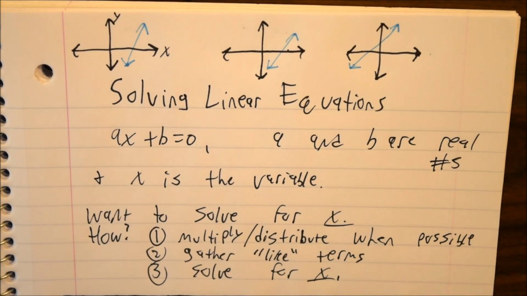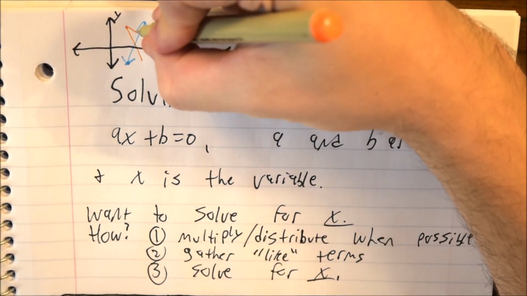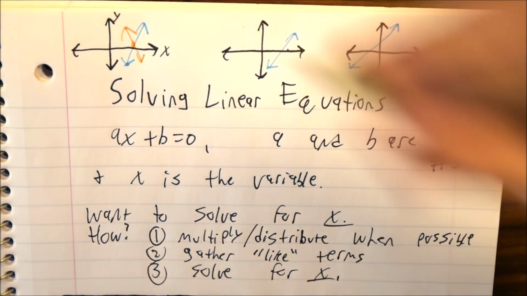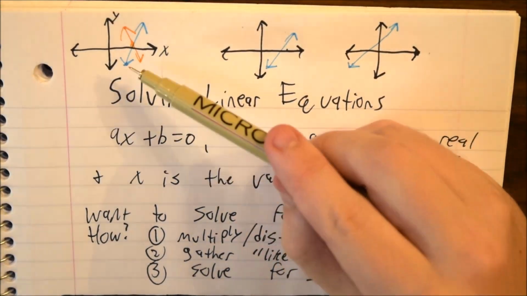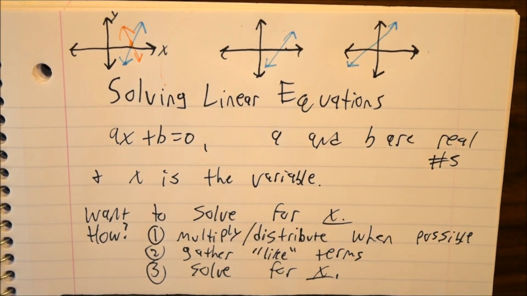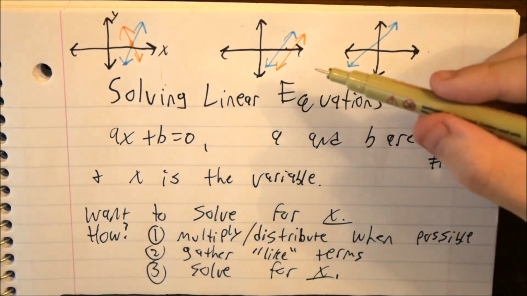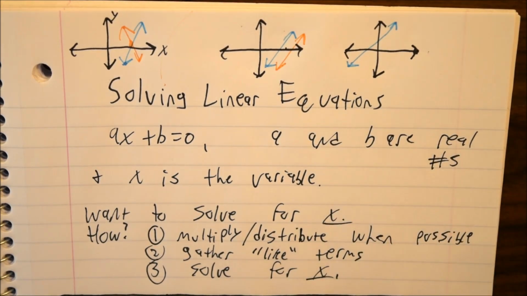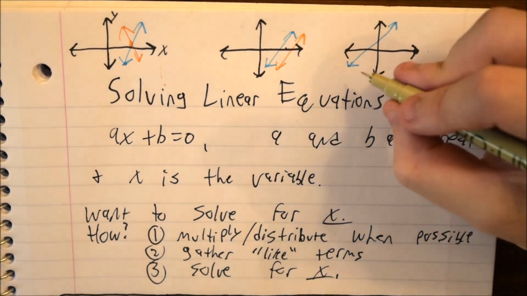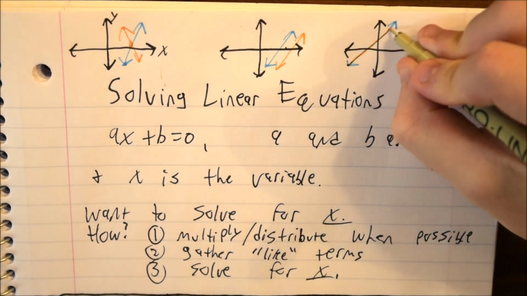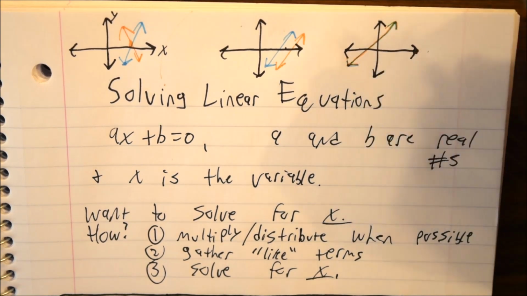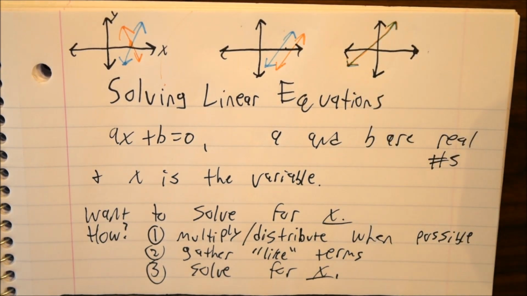If I have one unique solution, I'm going to have two lines intersecting at one spot. And this is my solution, the intersection between these two lines. Now let's say I have two parallel lines. Notice they never cross each other, so I have zero solutions there, no solutions. Now, this one is kind of the weirdest one. Let's say the orange and the blue line are right on top of each other. They coincide. We call these lines coincident because they coincide with each other. This gives me infinitely many solutions to the equation.